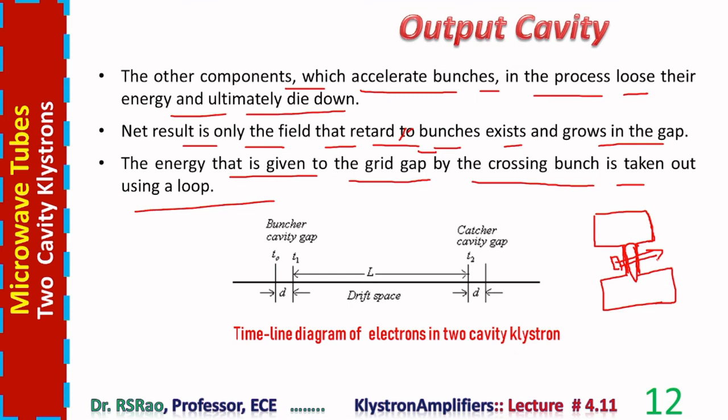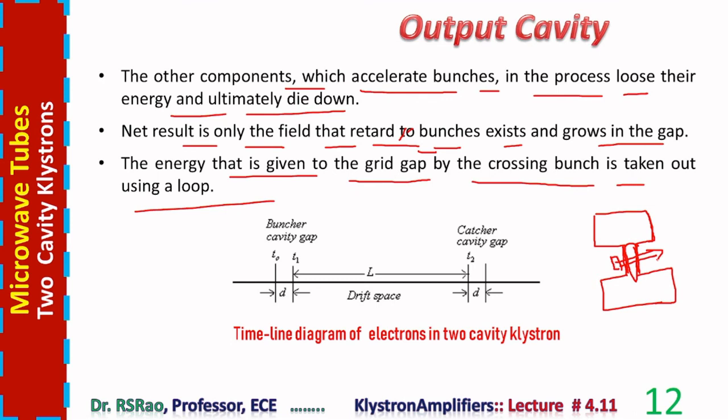Other components which retard the motion of the bunch, or which oppose the motion of the bunch, take energy because of retardation. They extract energy from the bunches. When energy comes into them, they become strong. When they are strong, they become capable of applying more retardation to subsequently coming bunches, becoming stronger and stronger.